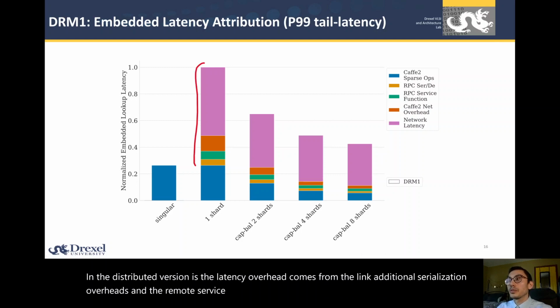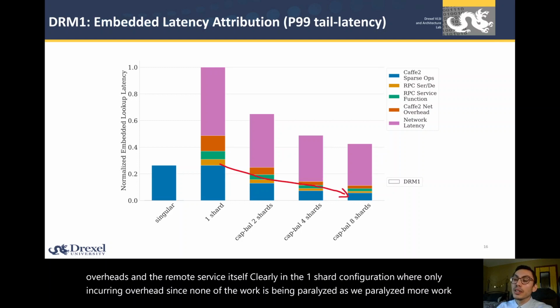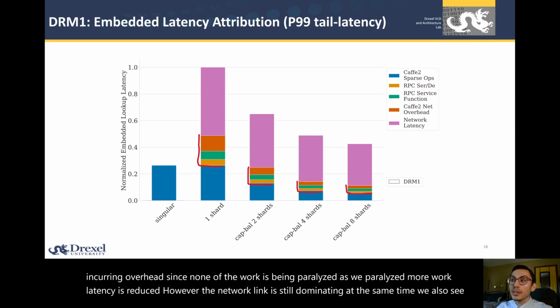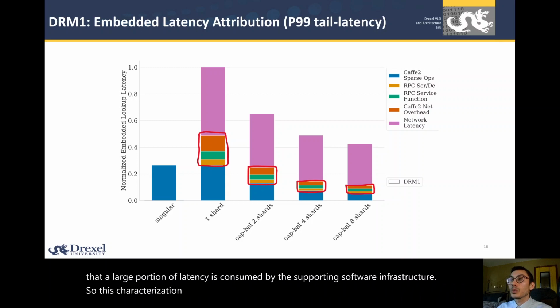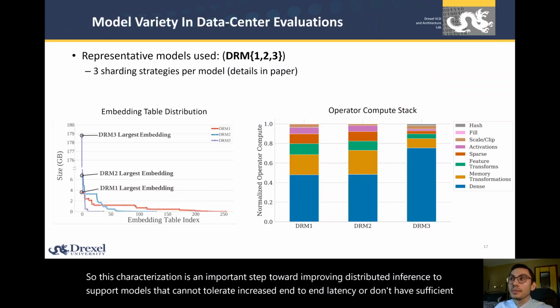Clearly, in the one shard configuration, we're only incurring overheads since none of the work is being parallelized. As we parallelize more work, latency is reduced. However, the network link is still dominating. At the same time, we also see that a large portion of latency is consumed by the supporting software infrastructure. So this characterization is an important step toward improving distributed inference to support models that cannot tolerate increased end-to-end latency or don't have sufficient work to parallelize.